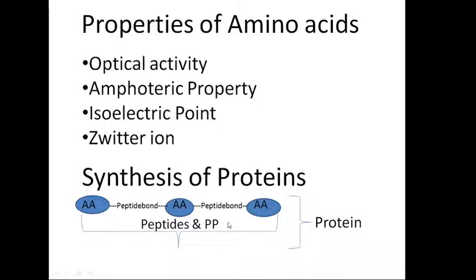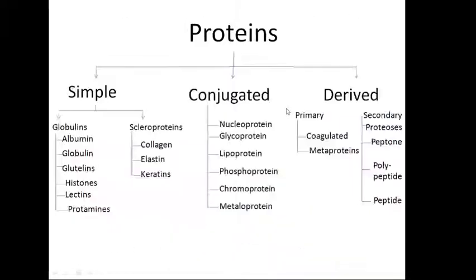And many such amino acids aggregate together with the involvement of many peptide bonds. They are called polypeptides. All these link together to give a large macromolecule which is called a protein. So the proteins can be categorized into the simple, the conjugated as well as the derived.